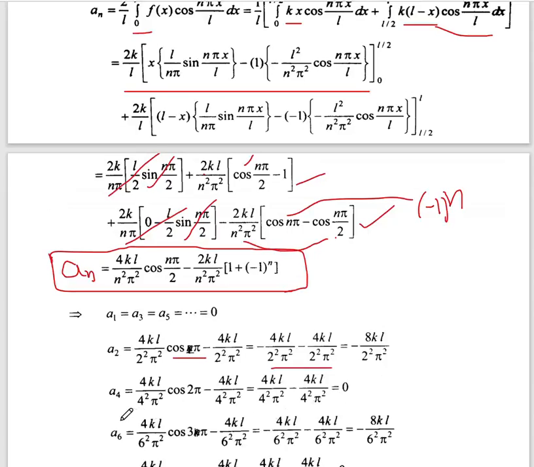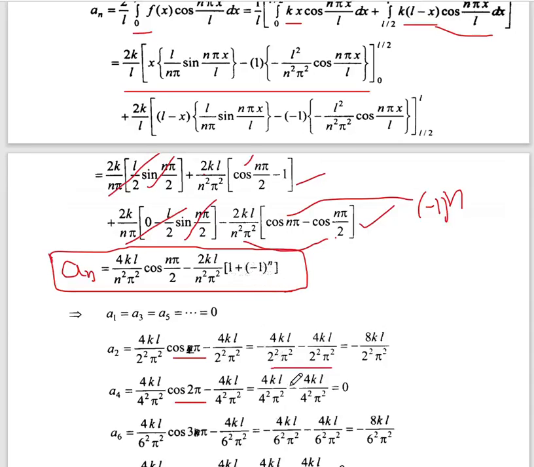Now put n equal to 4 in this equation, so we will get 4kl upon 4²π² cos 4π upon 2, 4π upon 2 means 2π, so cos 2π, minus 4kl upon n²π² times minus 1 to the power 1 minus 1 to the power 4, that is plus 1.